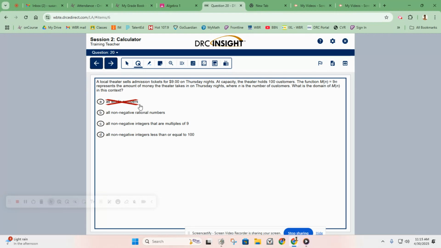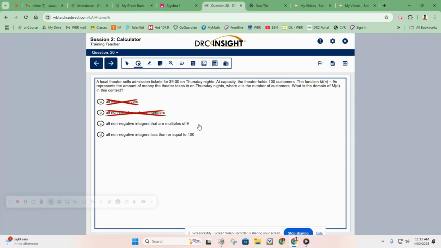All non-negative rational numbers. A rational number would look like a fraction. Can I have a half of a person? No. Yeah, they could be in a wheelchair. If they're still a person, they'd have to pay for a full ticket. All non-negative integers that are multiples of 9.